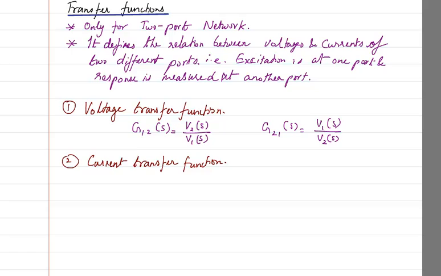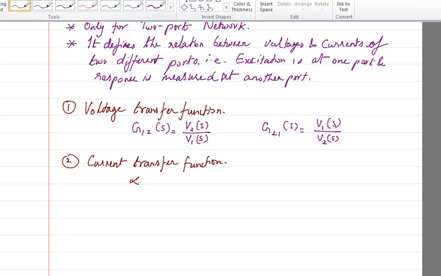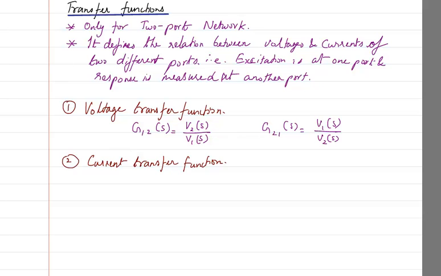Similarly, current transfer function is talking about the current amplification. Okay, it is between again 1 and 2, which is written in terms of alpha.